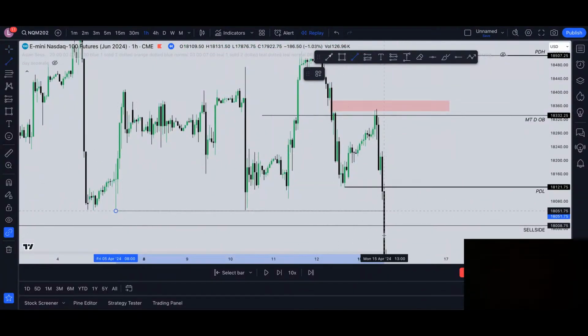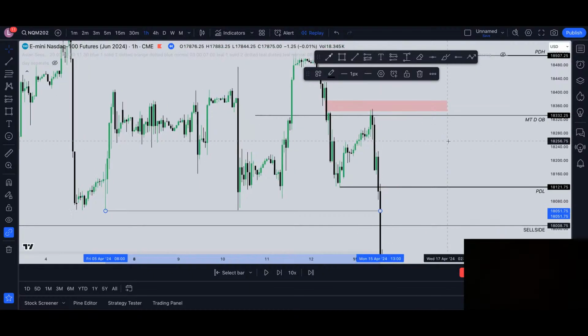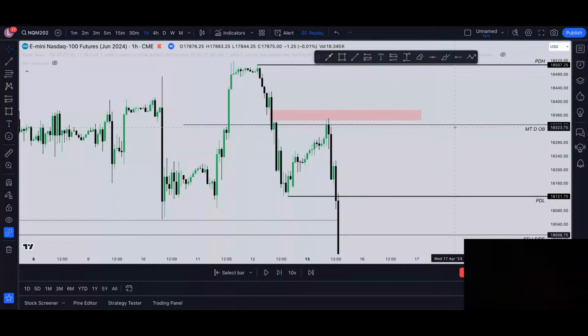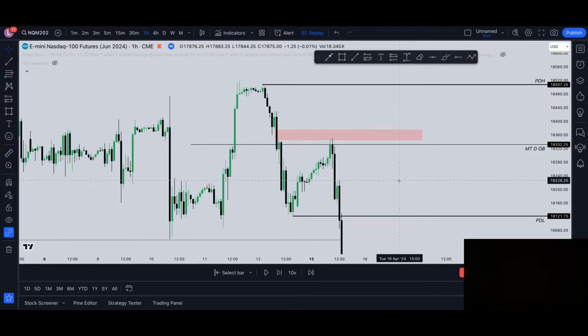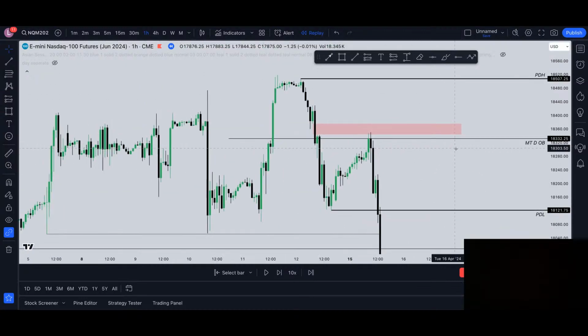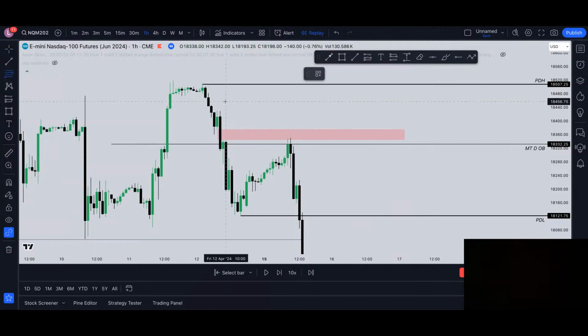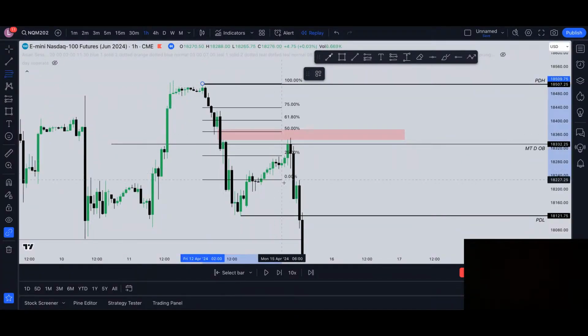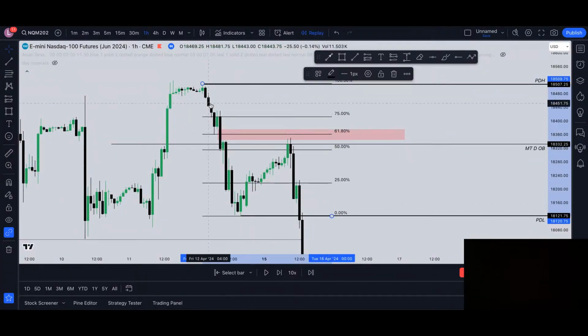Relatively equal lows. So here we can see on this range, the sell-off.